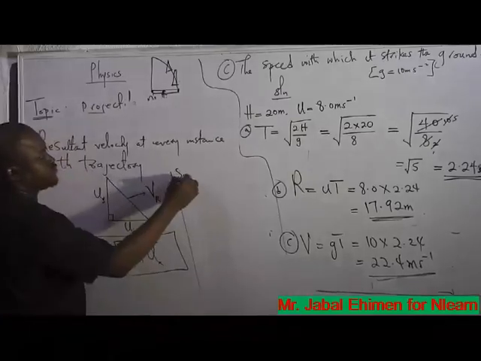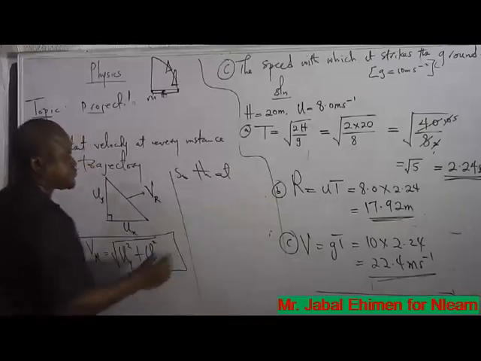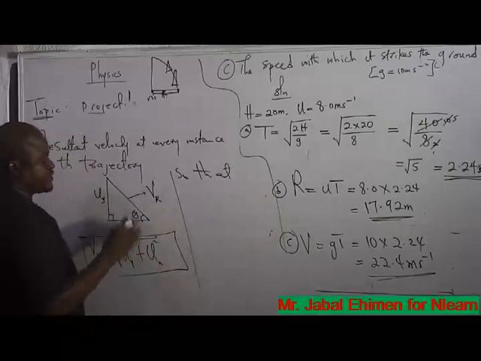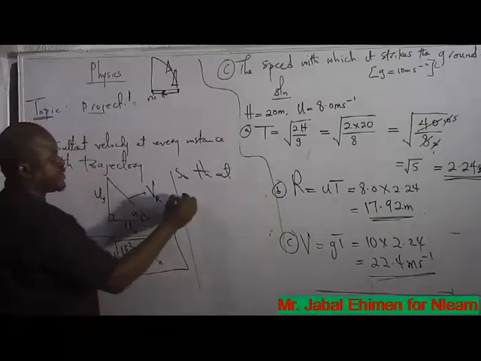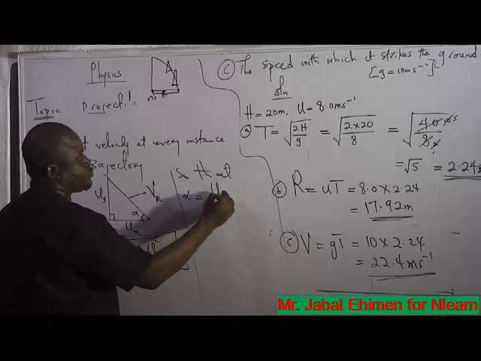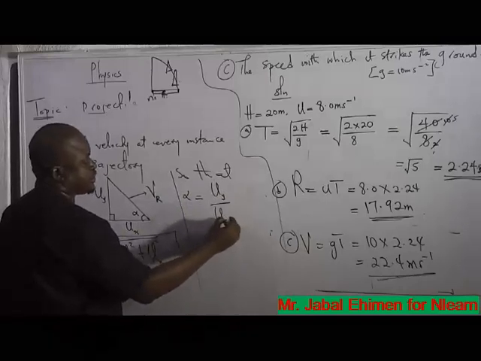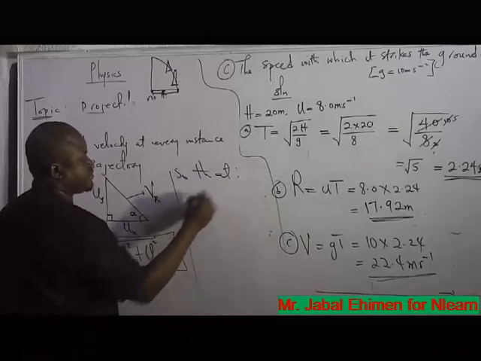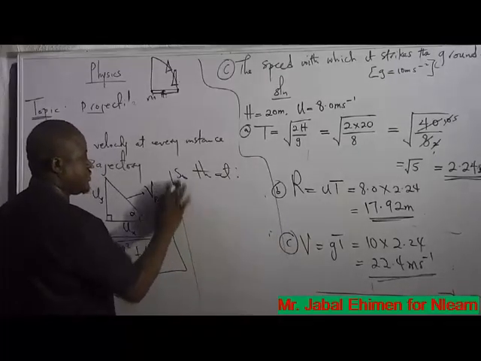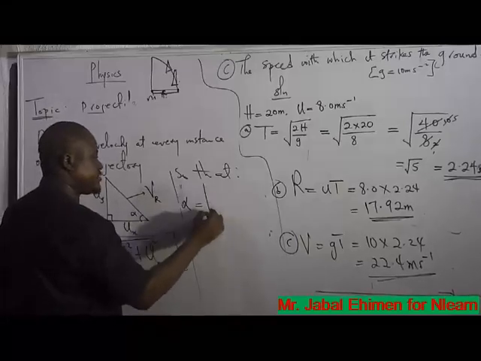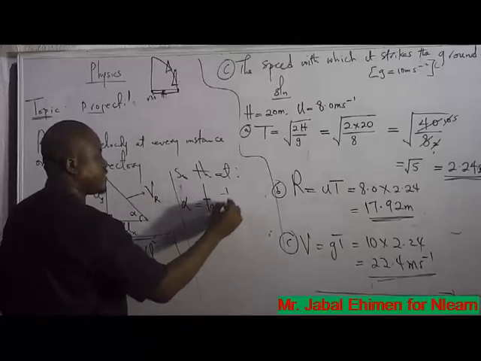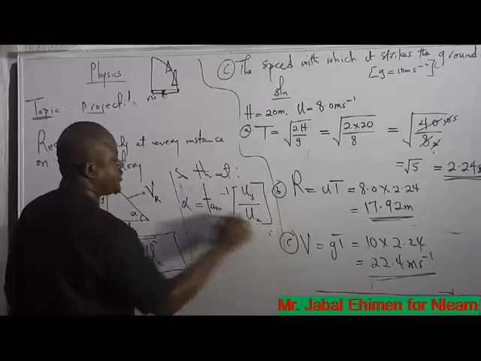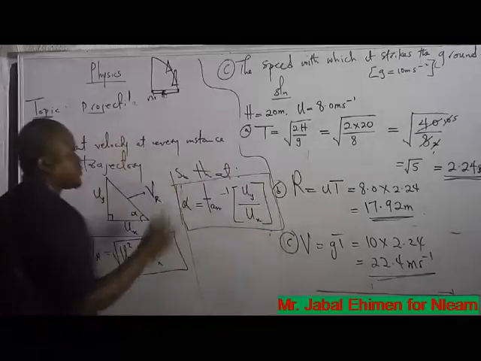Okay, so that's an angle alpha. Sorry, so that alpha is the tan inverse of Uy over Ux. So you have these two kept by the side.